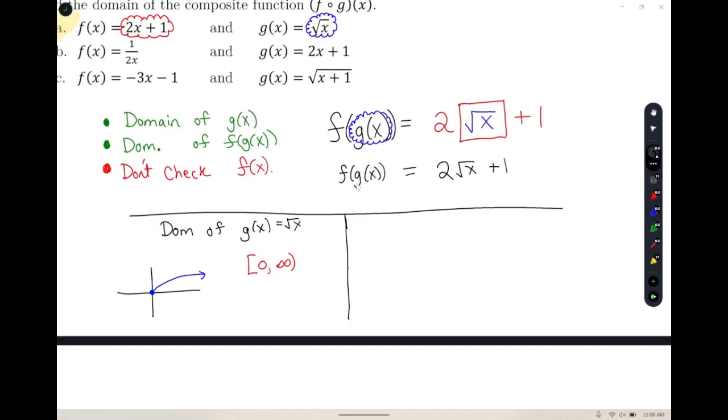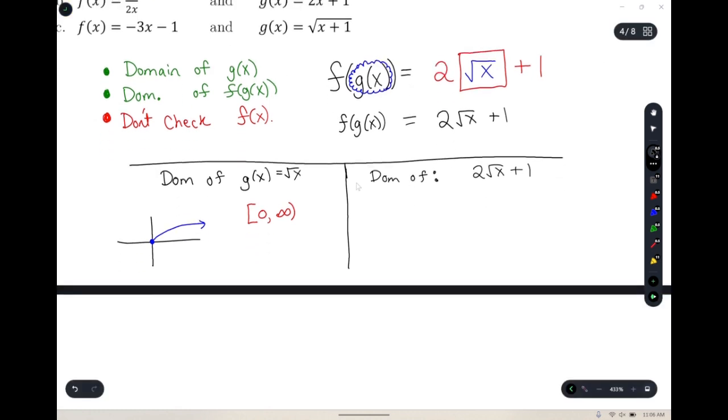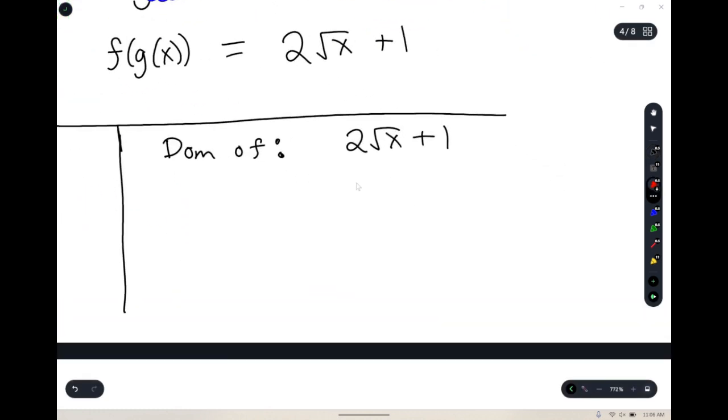Now let's talk about the second condition. The domain of 2 root x plus 1. Interesting. That feels a little tougher. But I propose that it's actually not tougher at all. Actually, would it still be exactly the same thing, and why?